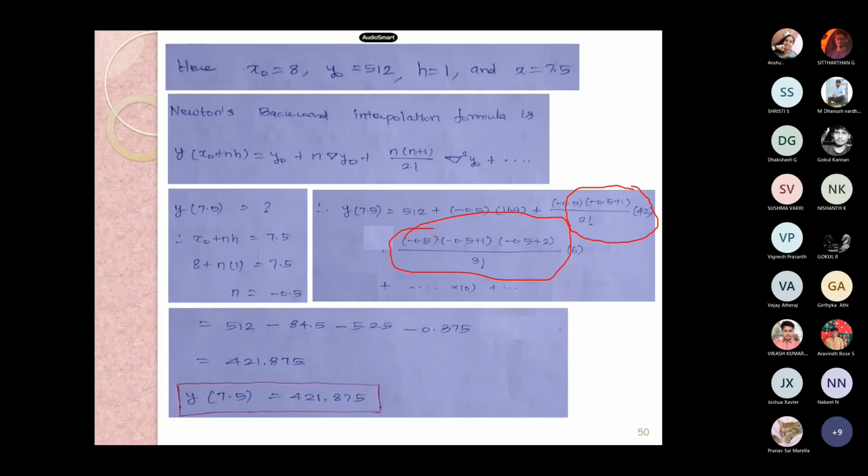Yes, of course, minus 0.375, and the rest are 0. Concerning the first term, it was 512, and 169 into 0.5, that is half of 169, that is 84.5. So the result for y of 7.5 is equal to 421.875. Okay, shall we continue?